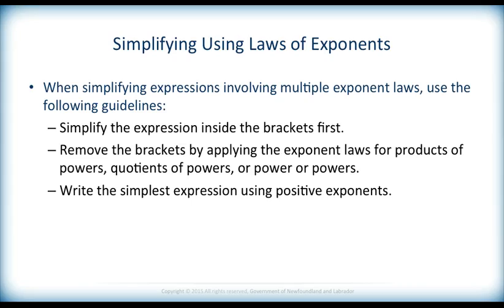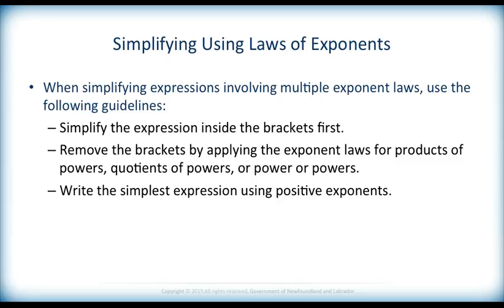Unlike grade 9, when you use the laws of exponents to simplify an expression, we will be involving multiple exponent laws in 1201. In order to do this, it is important to follow some guidelines. First, simplify the expression inside the bracket. Similar to BEDMAS, you will follow along with the brackets first. Have a look at the expression inside and see what you can simplify.